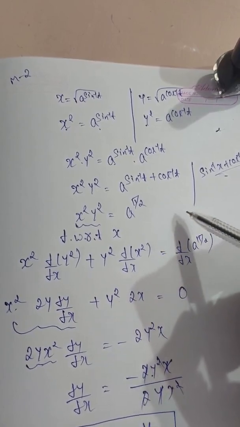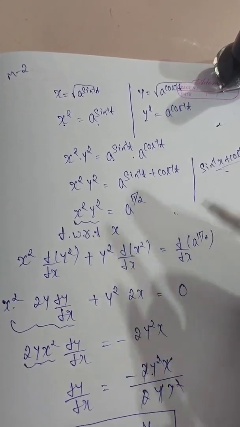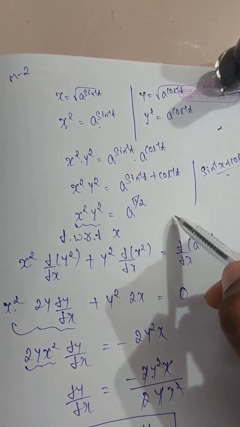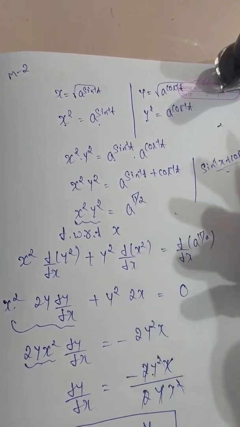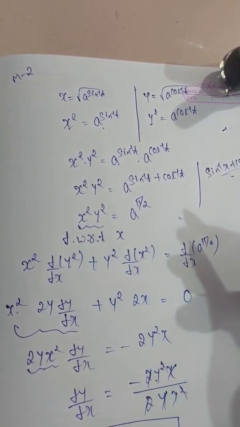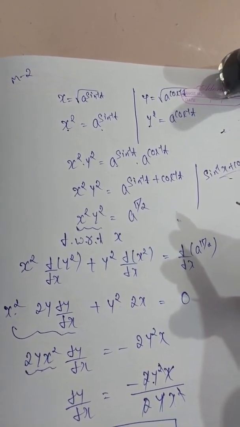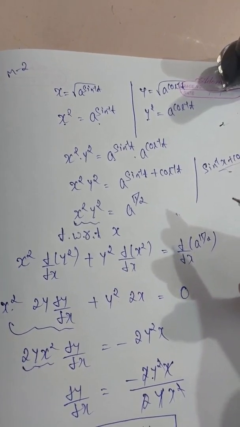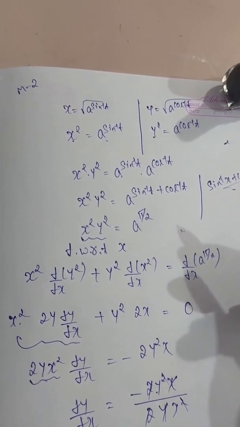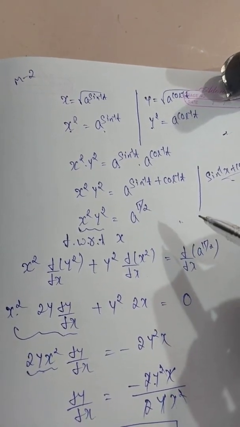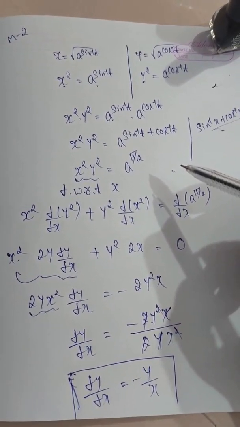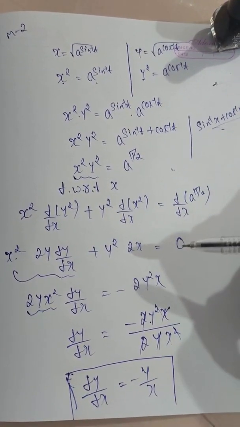We have done this problem in two methods. You are seeing the easy steps in this method, but the last method is the one suggested by NCERT, the textbook method. If you go through that method, it will be difficult for you people. If you solve this problem in this way, it will be easy.